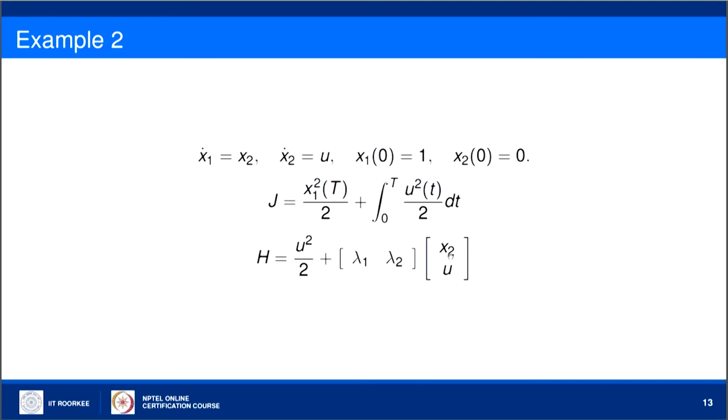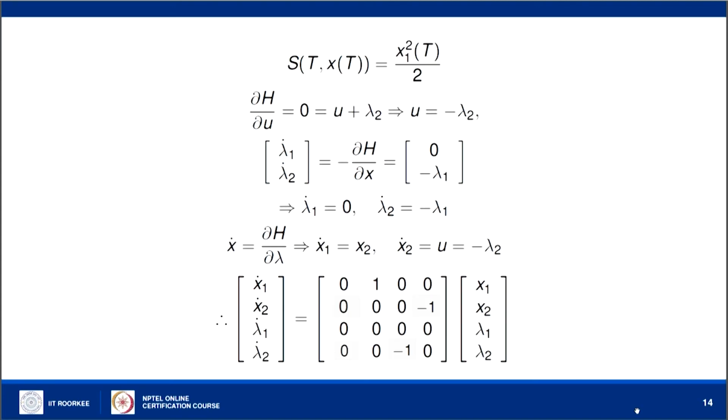Now, by applying the Euler-Lagrange formula, the necessary condition, del H by del u equal to 0, will give u equal to minus lambda 2, and lambda dot equal to minus del H by del x gives lambda 1 dot is 0, lambda 2 dot equal to minus lambda 1. By directly differentiating H with respect to x1 and x2 we get this.